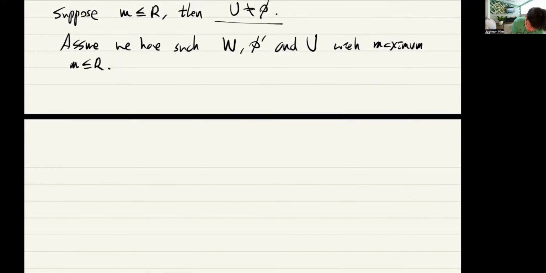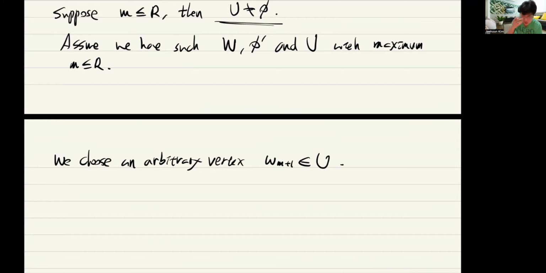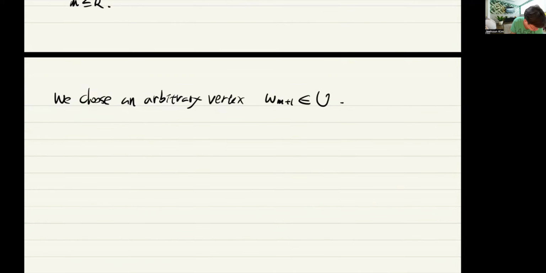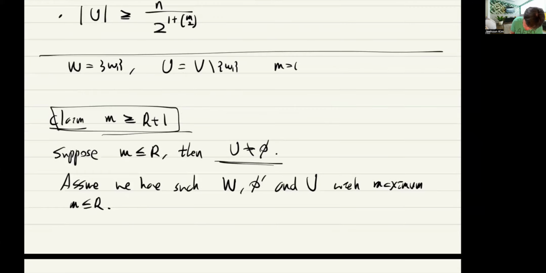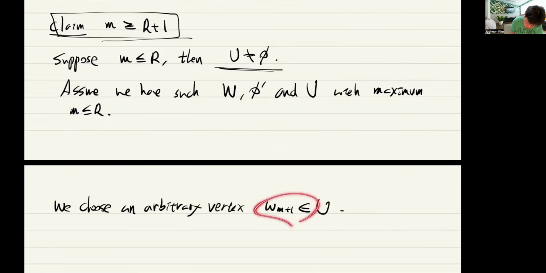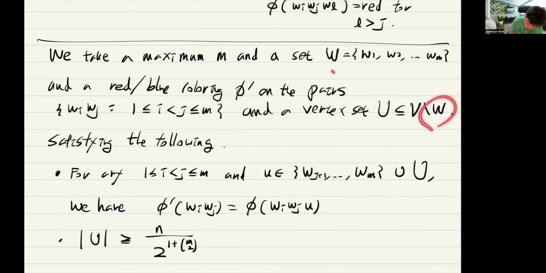Because U is not empty, we choose an arbitrary vertex, say Wm+1, in U. It doesn't matter as long as it is one arbitrary vertex. Our plan is to add this to W, but we also have to extend the coloring and shrink U accordingly. We have to choose the coloring well so that we don't have to shrink U too much.